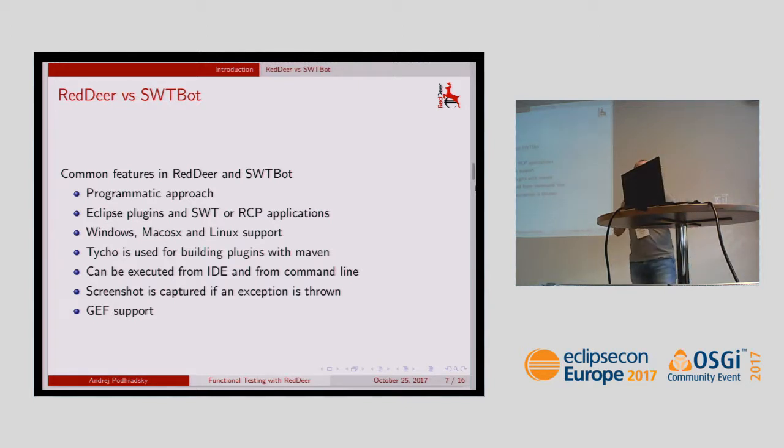Of course, if there is an error or some exception is thrown, a screenshot is captured, and there is also GEF support. And RedDeer also brings some basic support for graphiti.